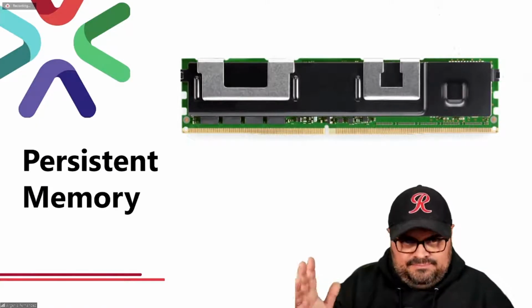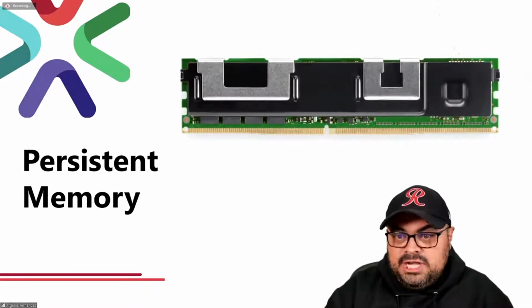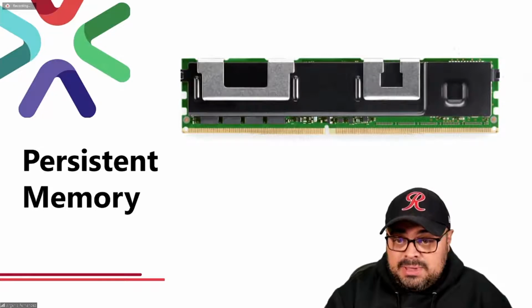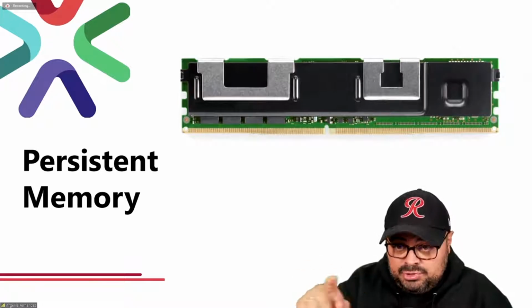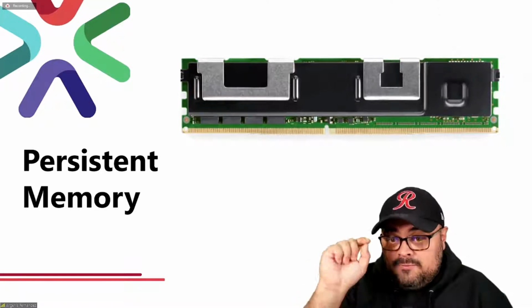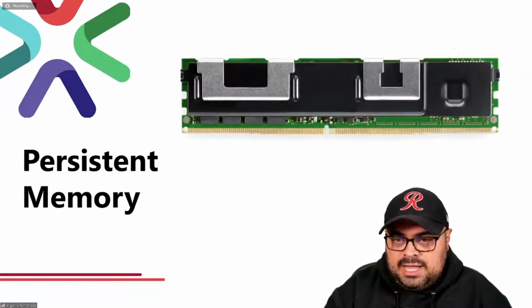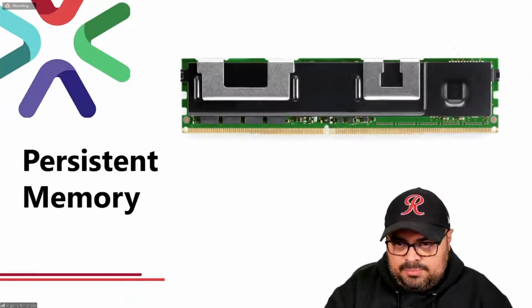So I can picture a very near future where we're going to see some technologies that are going to embrace replication of PMEM over RDMA, so very high-speed network links in between servers. So that way, if you write to a persistent memory device, you can actually have that data replicated to another persistent memory device.